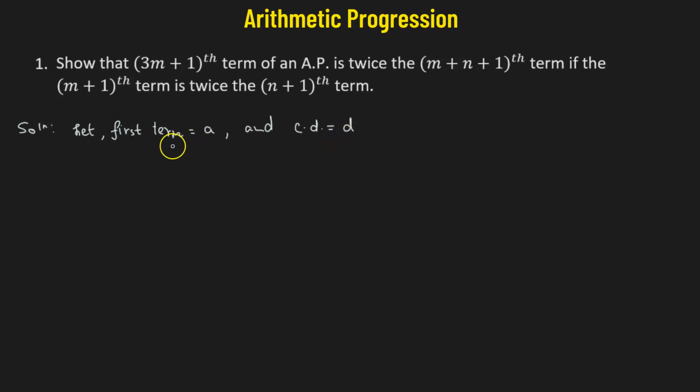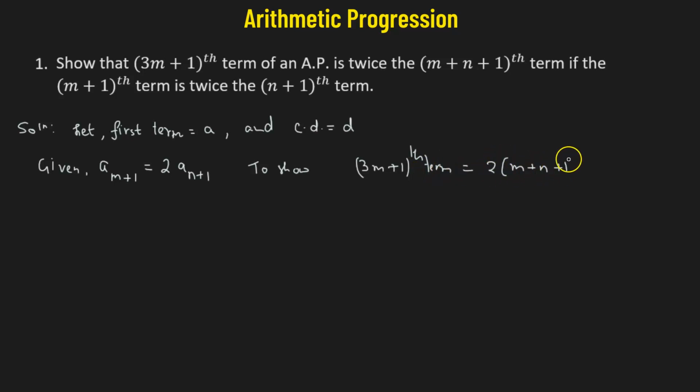Here it's given that we have an arithmetic progression in which the m plus 1th term, that means a_(m+1), equals 2 times the n plus 1th term. Using this information, we need to show that the 3m plus 1th term equals 2 times the m plus n plus 1th term.